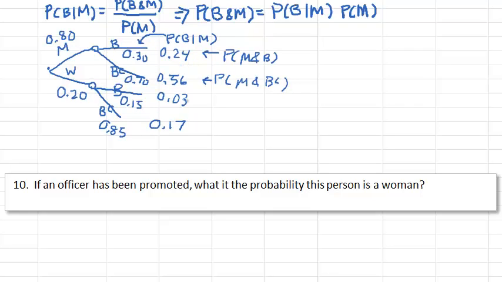So here's a list of the joint probabilities. Again, we start with marginal probabilities, and then we have conditional probabilities. Then we get the joint probabilities by multiplying the marginal probability and the conditional probability. So starting from here, multiply this to get the joint probability at the end.